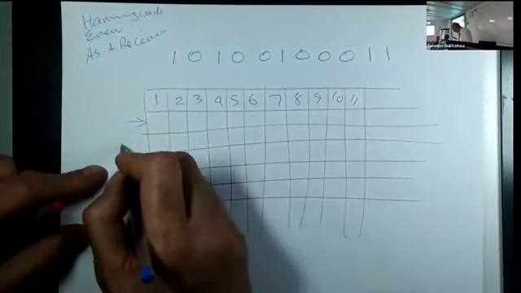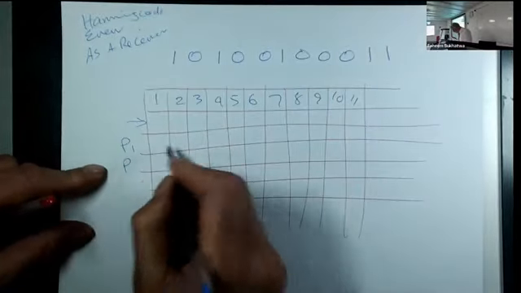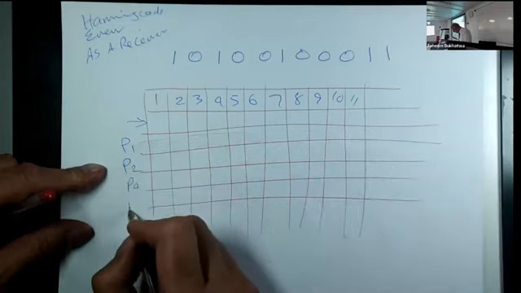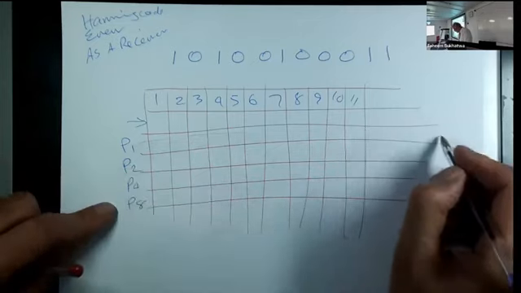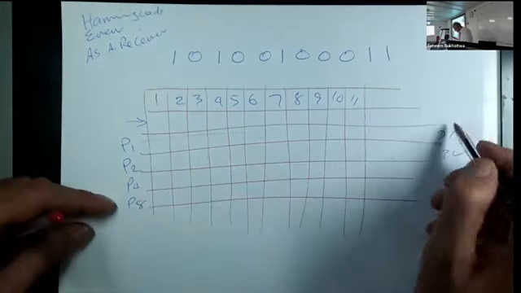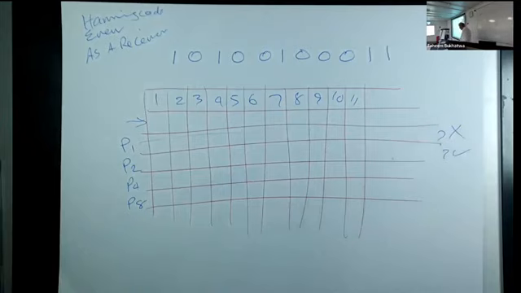I leave it to you to decide where to put it. And then get the groups P1, P2, P4, P8. Which one is bad, which one is good? Which one is even, and it should be even, and if it's not even, okay, so you should have a table like that, and then you can work out where the error is.